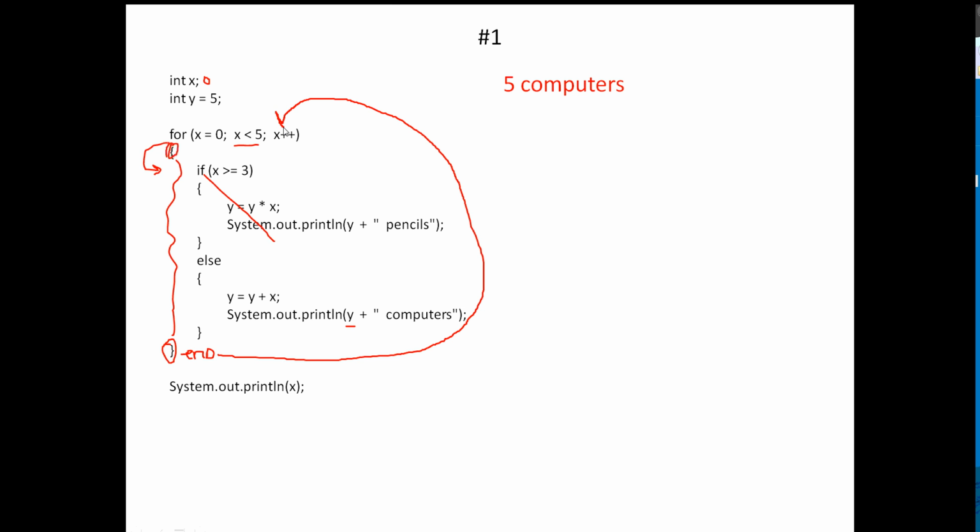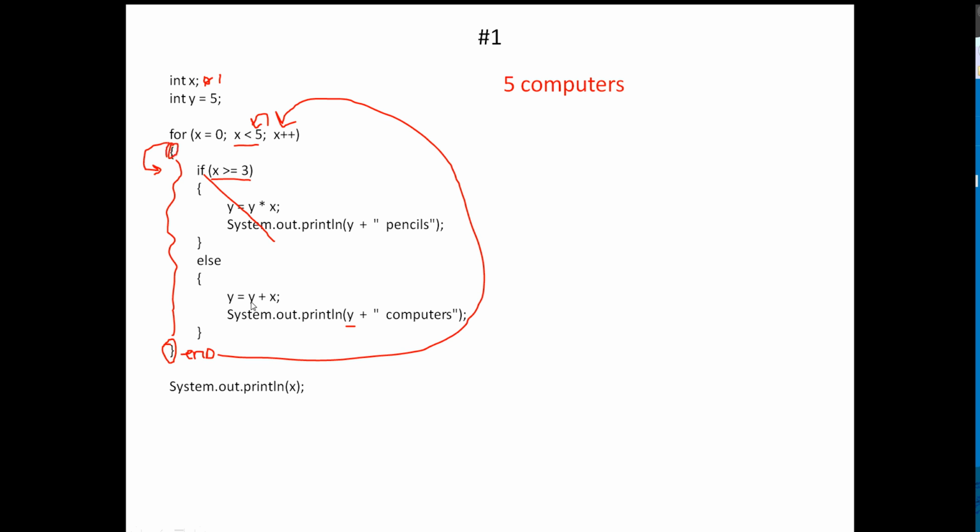We go here because you've got to increment the variable, and so x goes to 1, and then we go to the test, and 1 is less than 5, so we jump back in the loop. 1 is not greater than or equal to 3, so we don't do the if, we do the else.